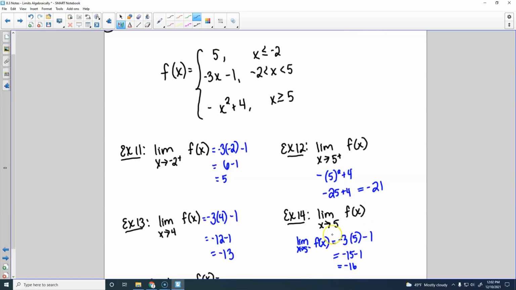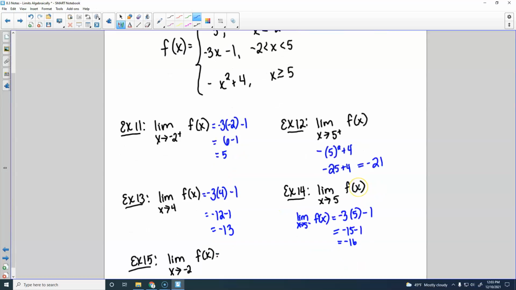Now, since that limit from the left is not the same as the limit from the right, what would we say about the limit from both sides? That does not exist.